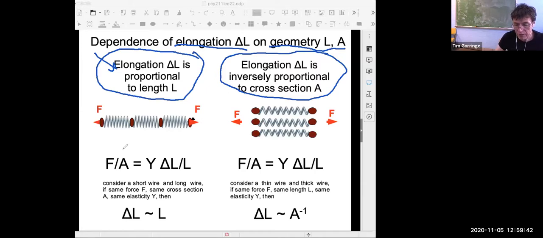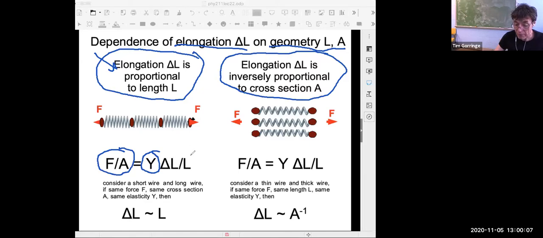Well, if you apply the same stress to the short and the long wire, and they're made of the same material, their elasticity is the same, then the longer wire, the one with a greater L, must elongate more. The delta L must be more.